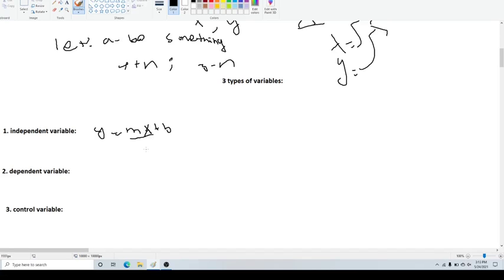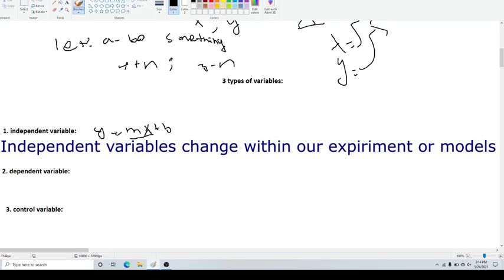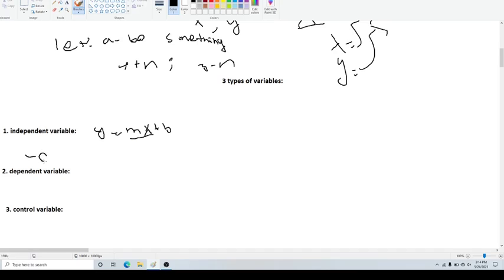If we are only worried about x and y, x would be the independent variable because we're plugging a number into x and we're getting out a y. So it changes as we choose, as we see fit.